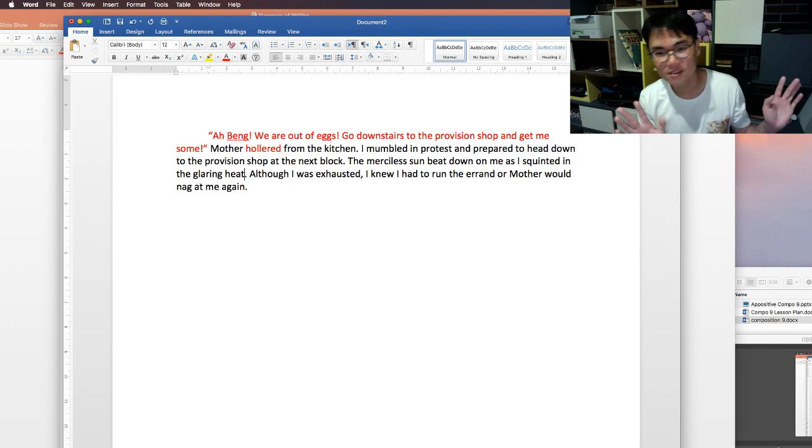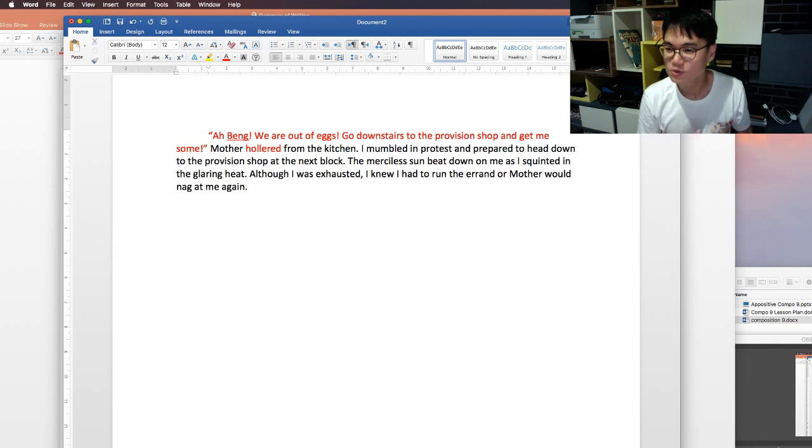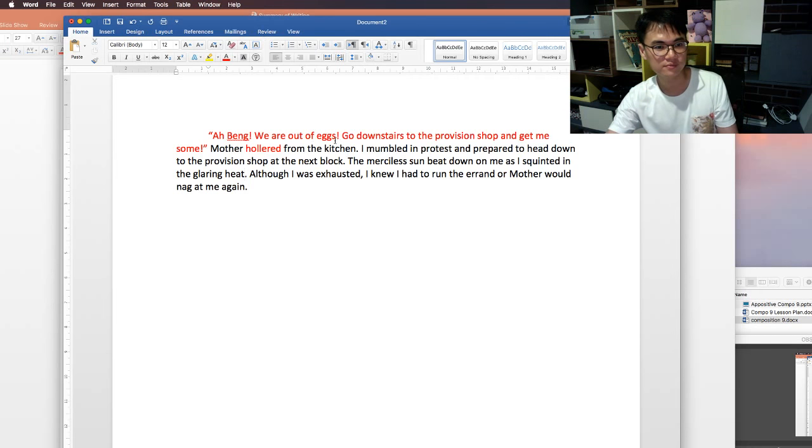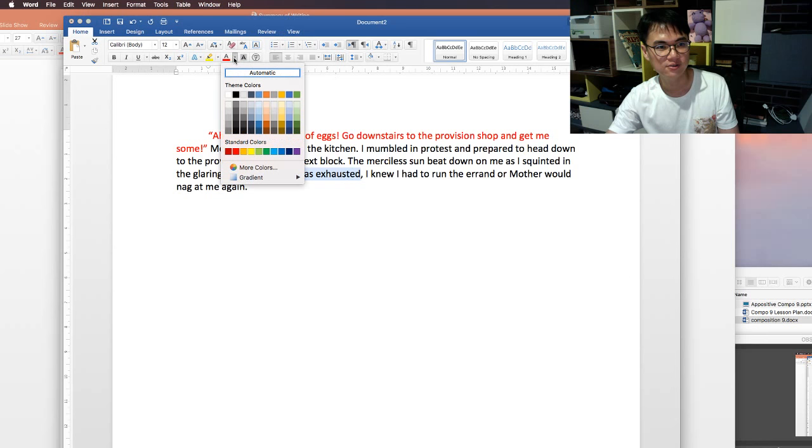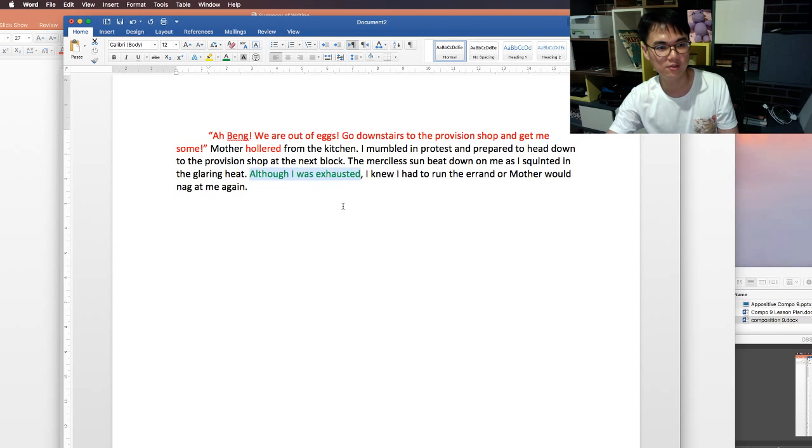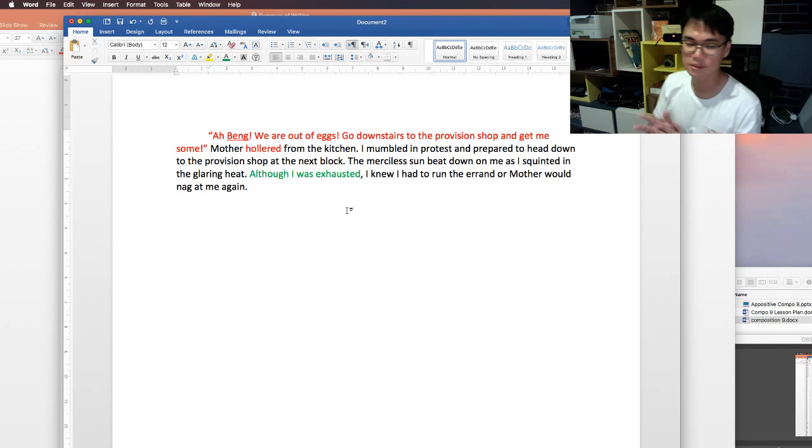Anyone can tell me which strategy I used? So I began, yay! Well done, good job. Subordinate clause, okay? Although I was exhausted, right? So here is my subordinate clause. Although I was exhausted.